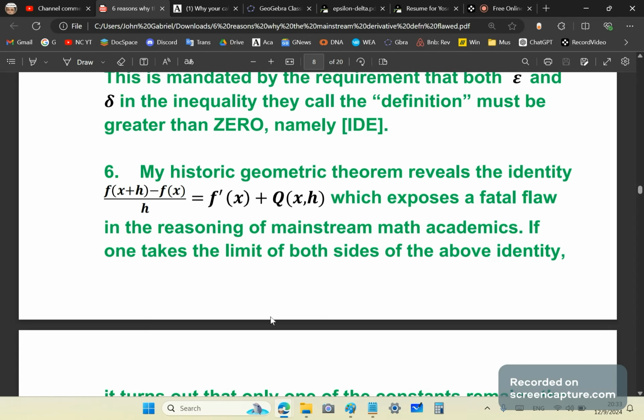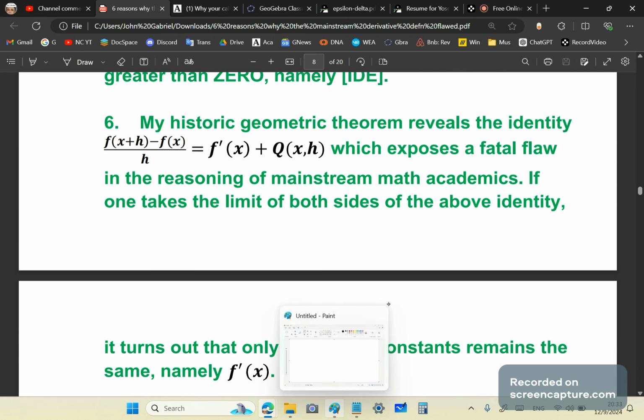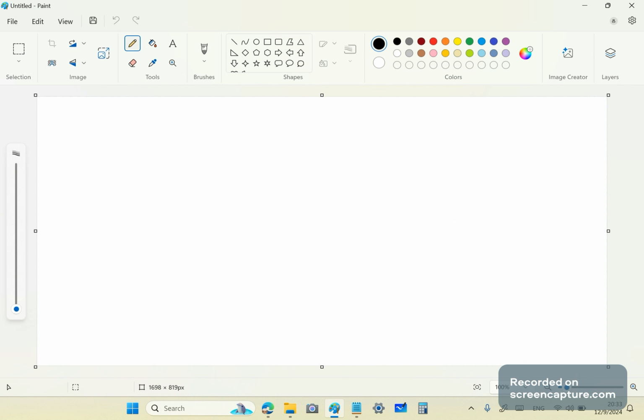So, the 6th reason is that there is a solution to the problem, which not only resolves the slope area problem since Newton and Leibniz's time, but also exposes the utter stupidity and ignorance of mainstream academics the last few 100 years.